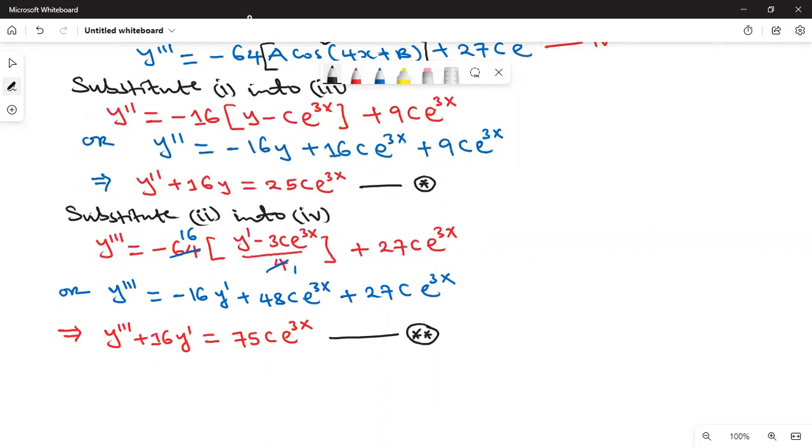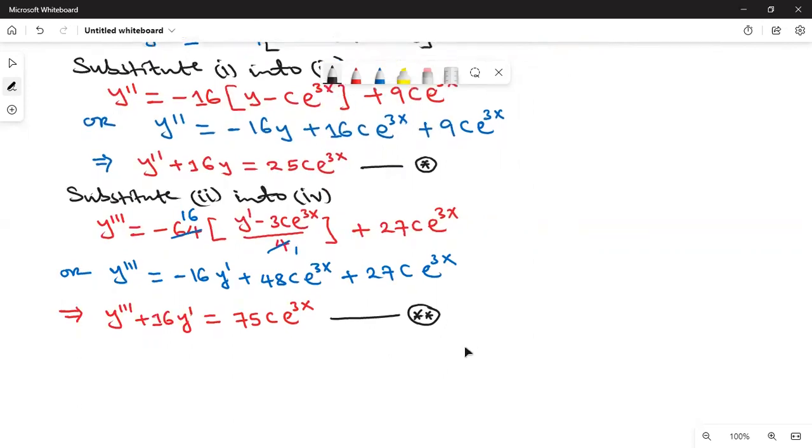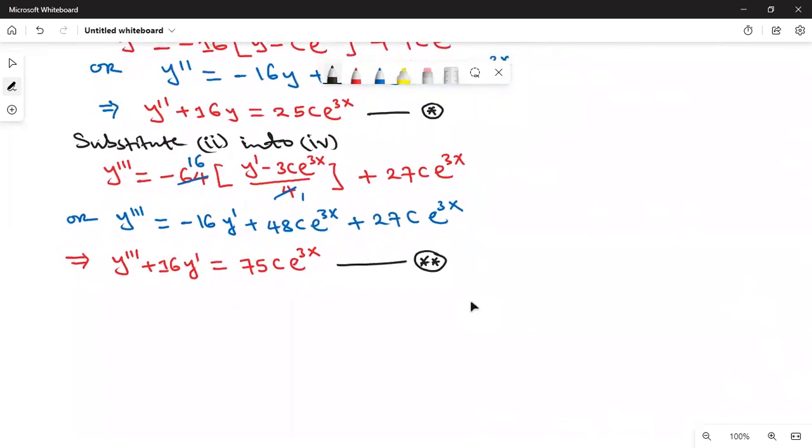Now we have two equations. We started with 4 equations. Now we have reduced them to 2 equations. The one we call star and the other one is star star. If you look at those 2 equations, you realize that they still contain the arbitrary constant c. We need to get rid of c.